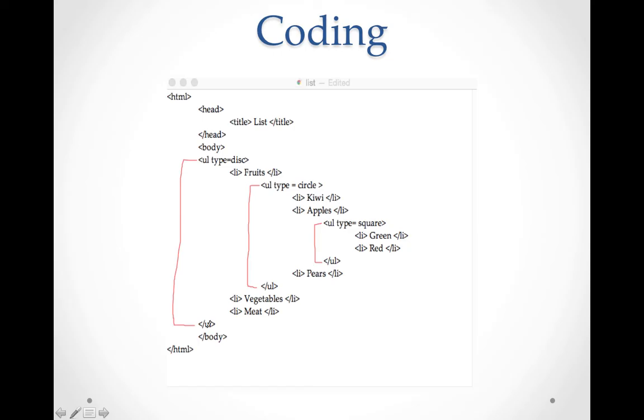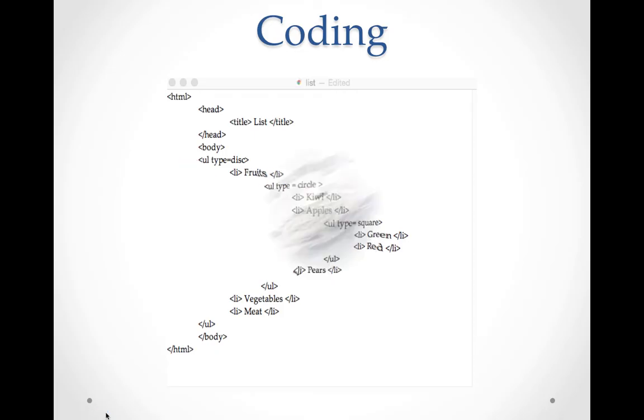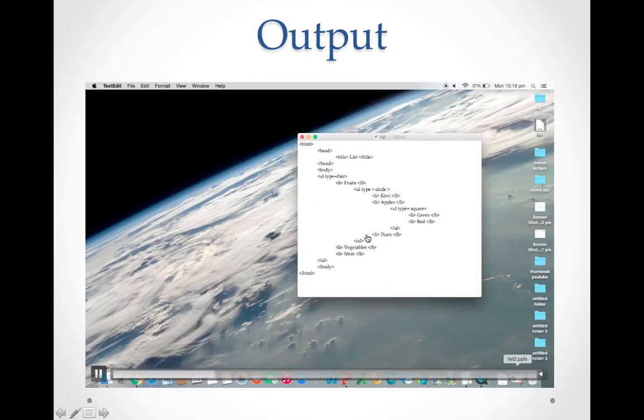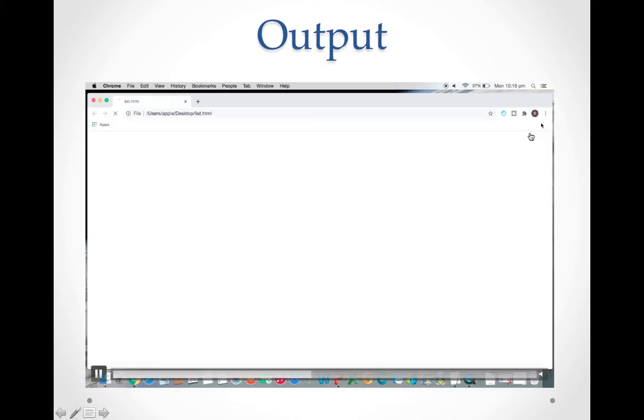If you follow such a pattern, you will get like this. Okay, and you have to practice for this. See here, the same code I saved with this name, list, and I got the final output.